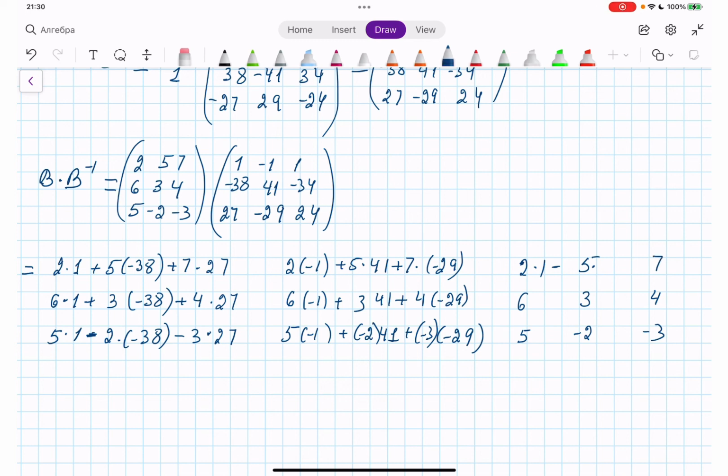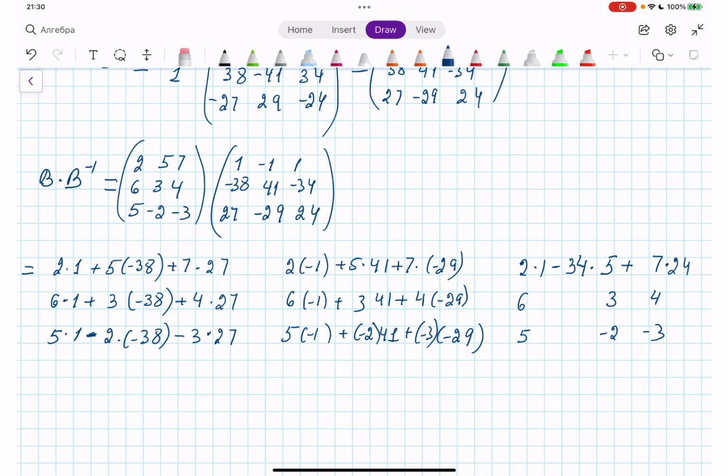It doesn't have enough space, I will shift the third column also. Not a big deal. So it's 5 times negative 34, I'm sorry, and here is plus 7 times 24.